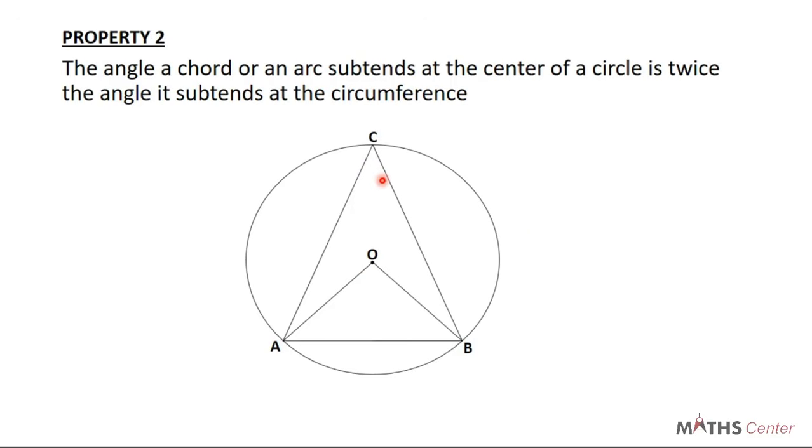I hope that is clear. So all that this means is that angle AOB, this bigger angle here, is equal to 2 times angle ACB. So if the angle formed here is S, the angle formed here will be 2 times S, which is 2S.